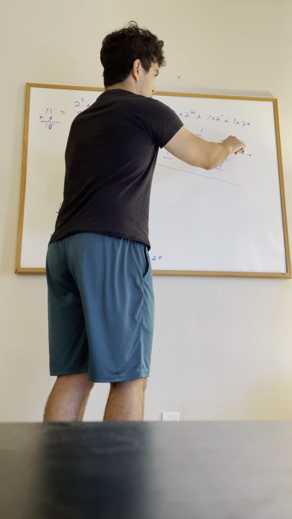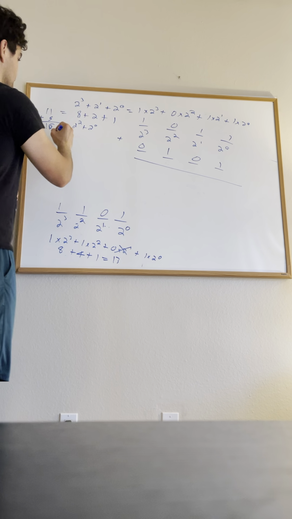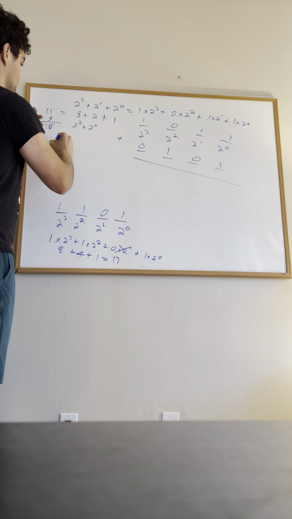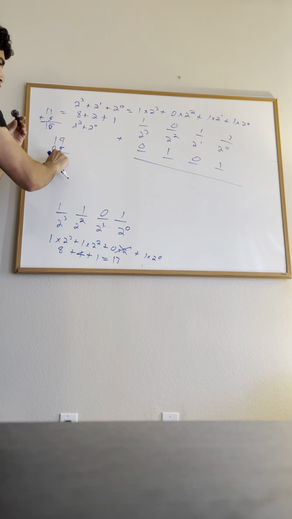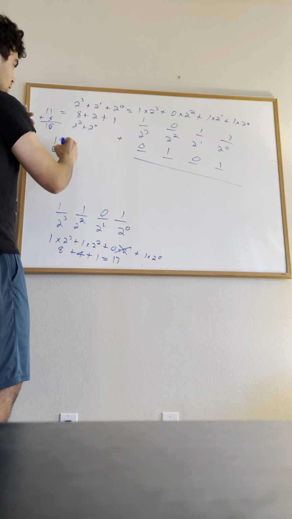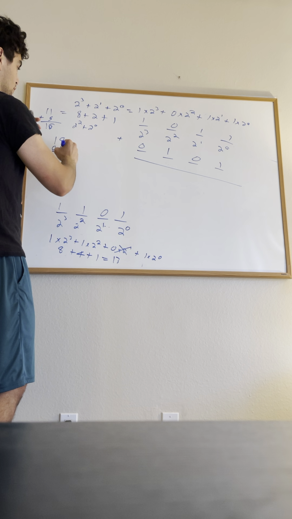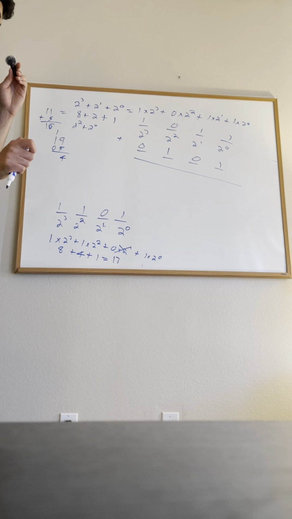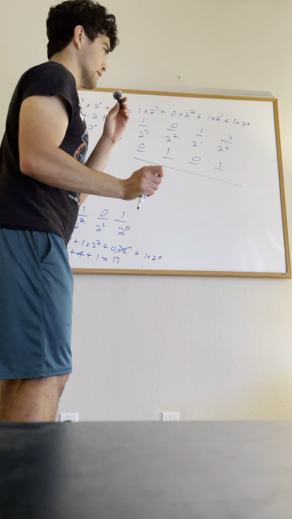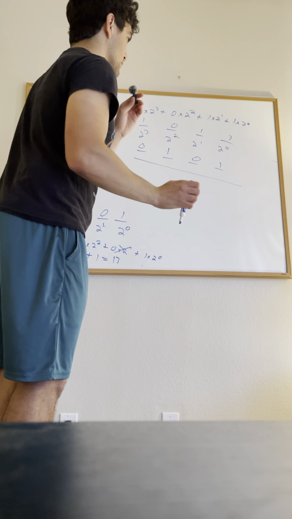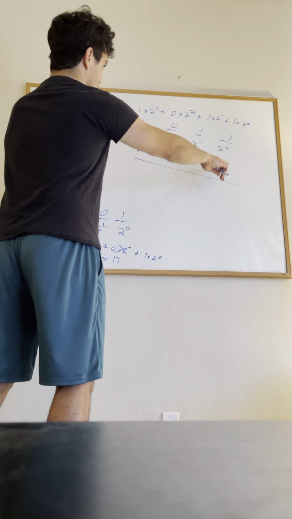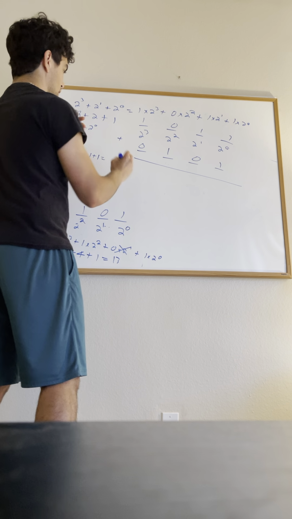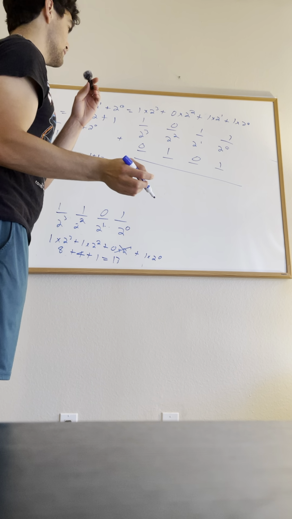So what happens if we have something like this? We can't put a 14 there, so we have to put 4 here, carry the 1. It's the same thing here, because here we're doing 1 plus 1 in binary.